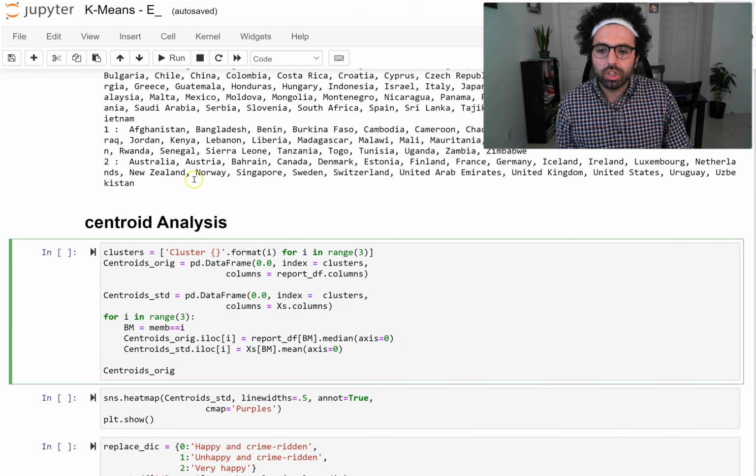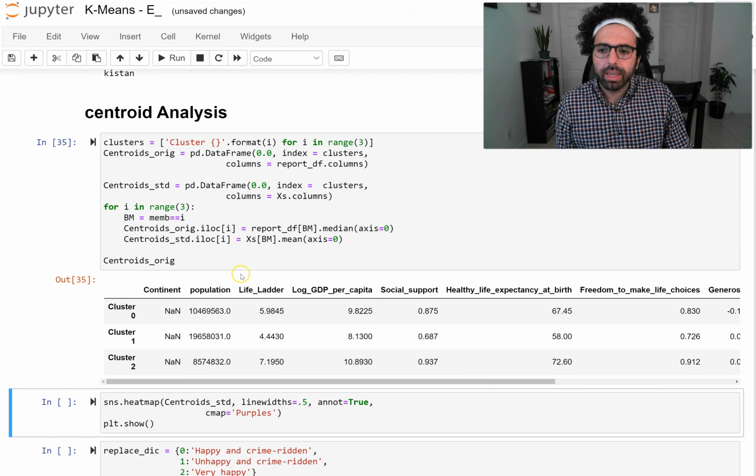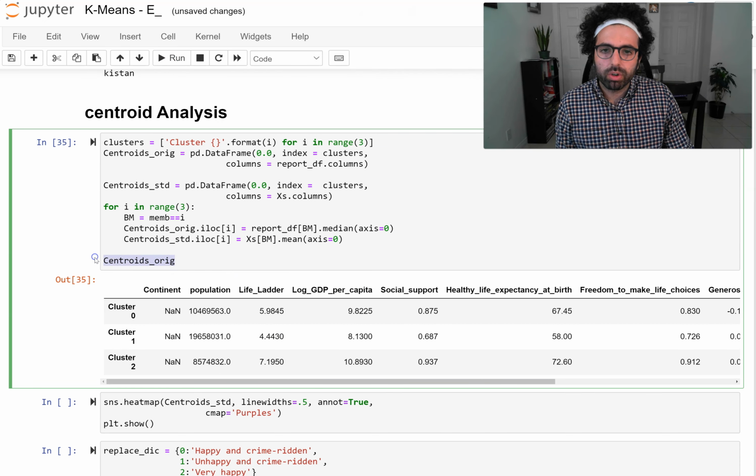This is that calculation, but pay attention here. I am creating a centroid based on the original values, not standardized or normalized. Pay attention, I'm using report df. And I'm also creating one from the normalized data, so I call it centroid standardized. Once I run this, I have printed out the centroids for the original values.